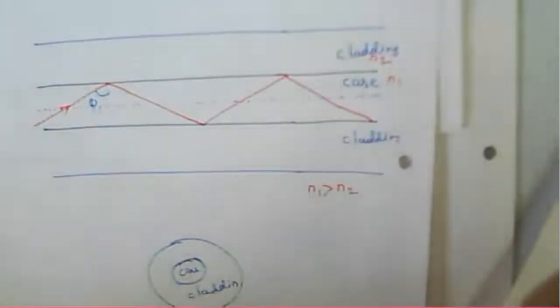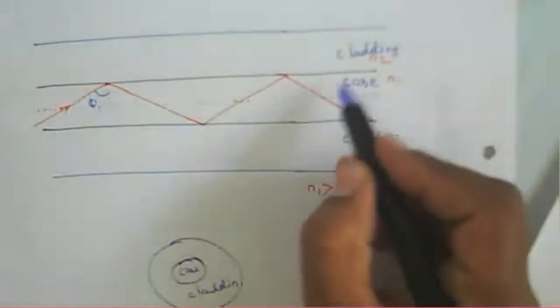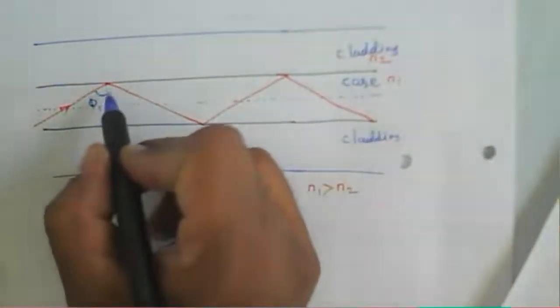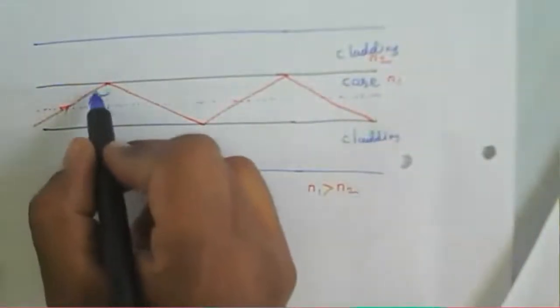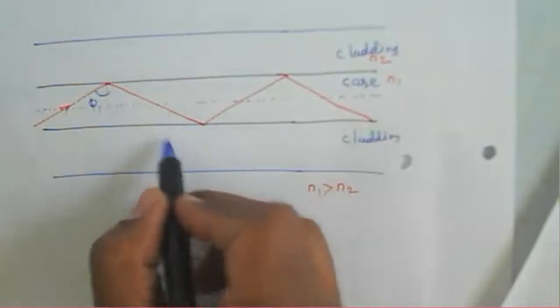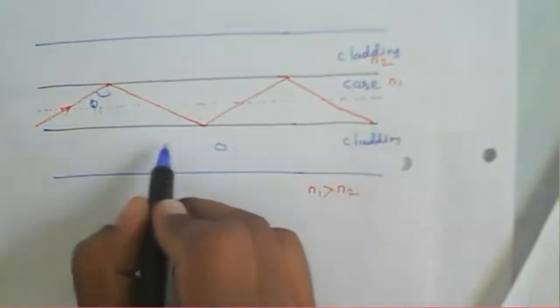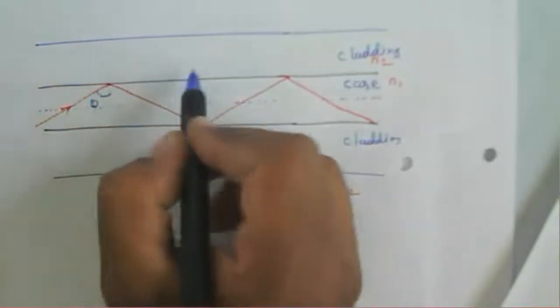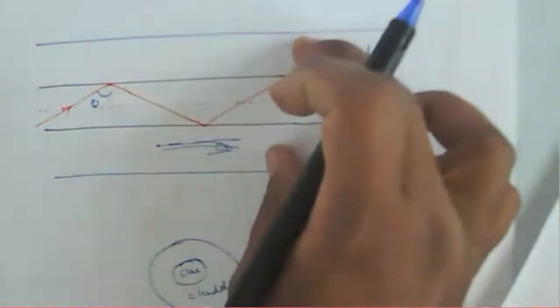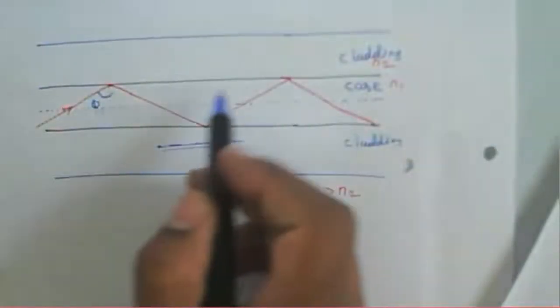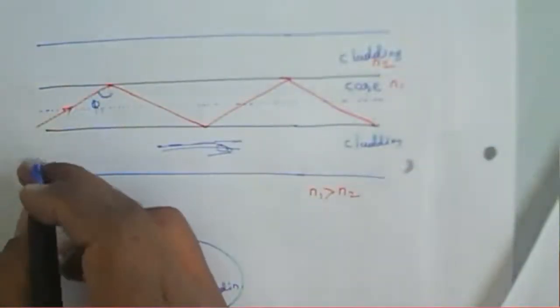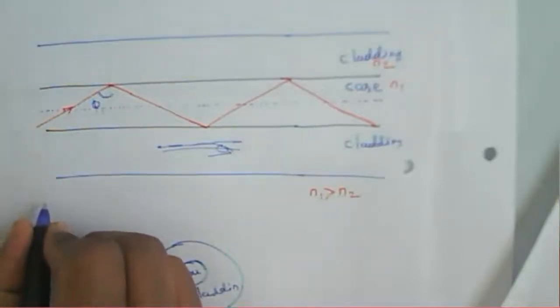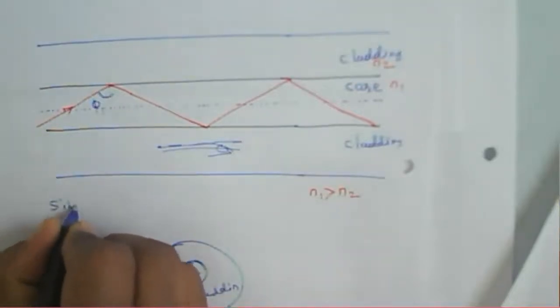This is the phenomenon used throughout the fiber, because of the difference in refractive index inside the fiber. When light propagates through the fiber core, it will be reflected, meaning it will not propagate inside the cladding area. If it goes into this region, that is nothing but a loss. It propagates only through the core itself.